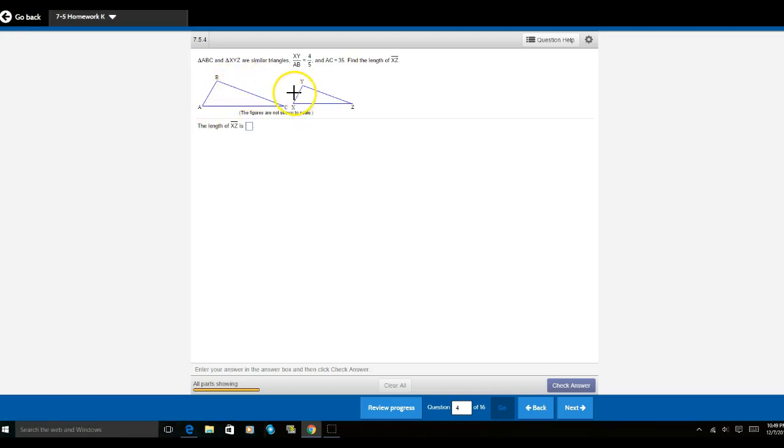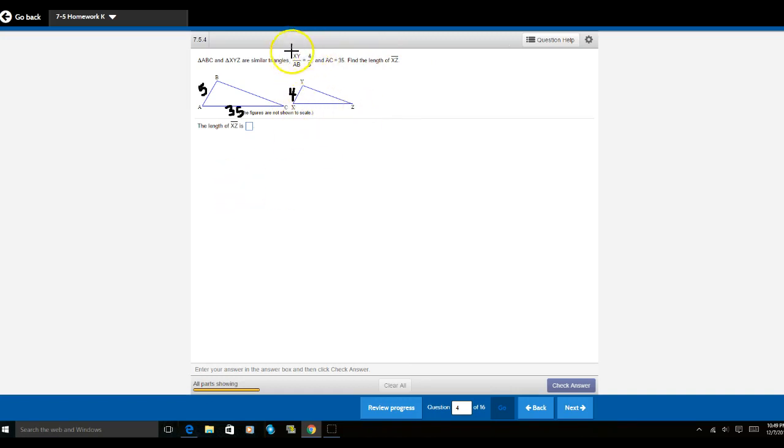So XY is 4 and AB here is 5 and AC here is 35. And they want to know what is the length of XZ, this number right here.